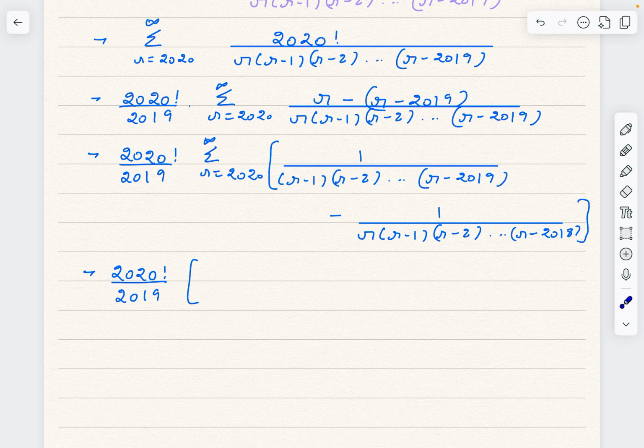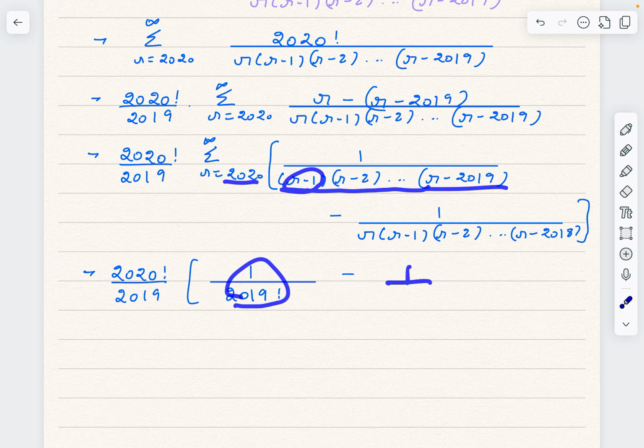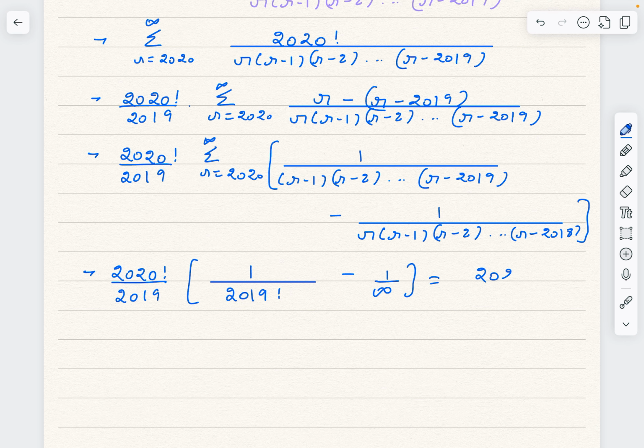So first will be when you put r as 2020 here. When you put r as 2020, you'll get 1, 2, 3 up to 2019. So it'll be 1 by 2019 factorial, and last will be 1 by infinity, which will just be 0. So finally we get 2020 by 2019.